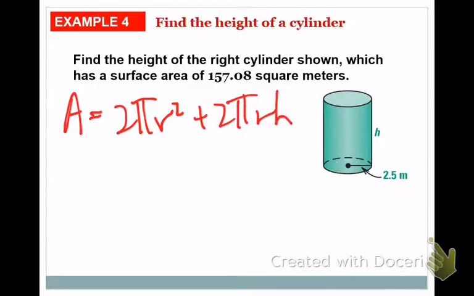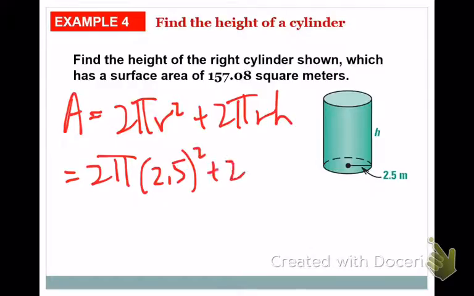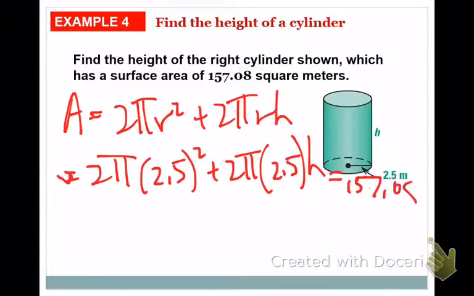So that's going to be equal to 2 pi, the radius is 2.5 squared, plus 2 pi times 2.5 times h. And the area they gave us, we set that equal to 157.08.